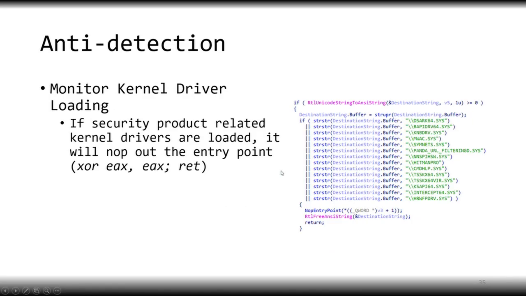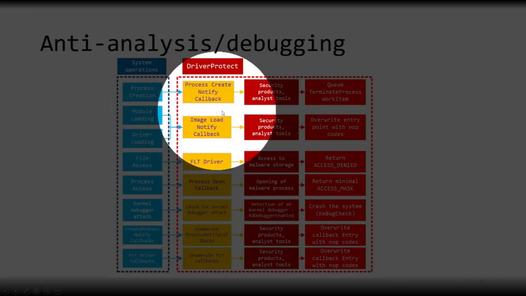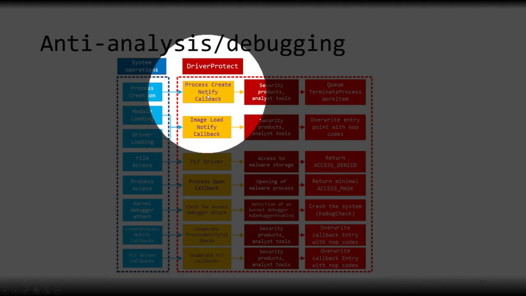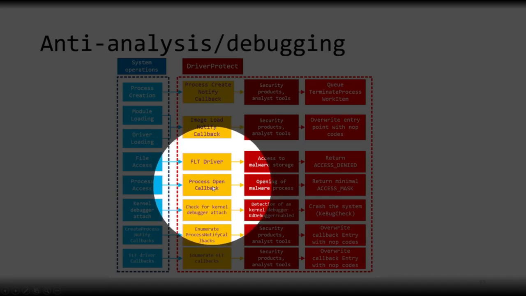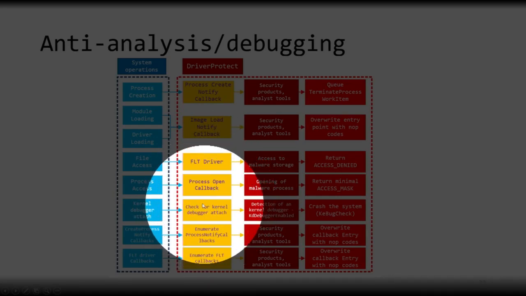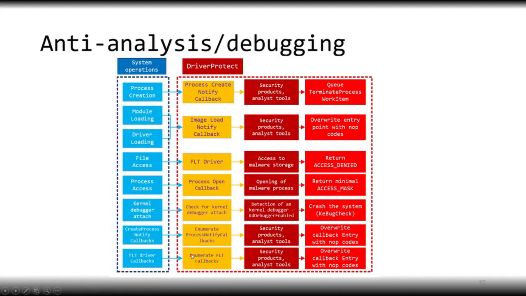So if you go back to this diagram again, all these system operations here and driver protect operation, the process create notify callback, image load callback, filter driver, process open callbacks, or I don't know about the kernel debugger check, but enumerating some system components, that's what the security products are actually doing. So they are just adopting these techniques or tactics from the security products, and they are using them in reverse.